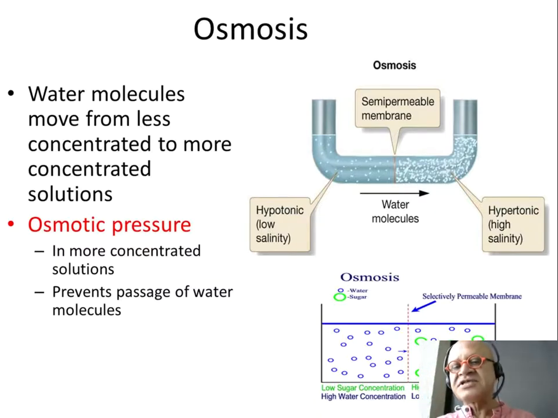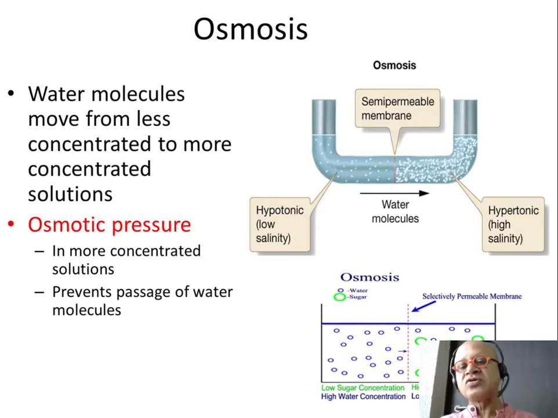Nonetheless, here is an animation that is showing different solutions. So it's showing low sugar instead of the salt, so high water concentration, and here there is high sugar, so low water concentration.